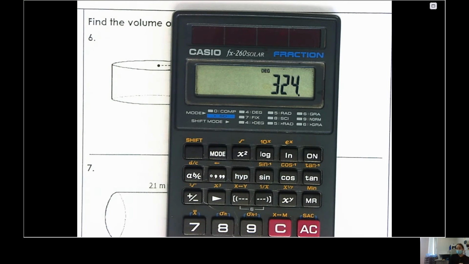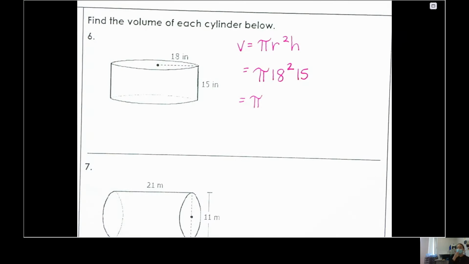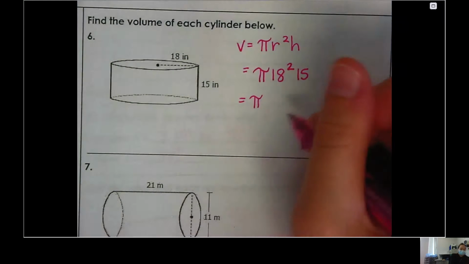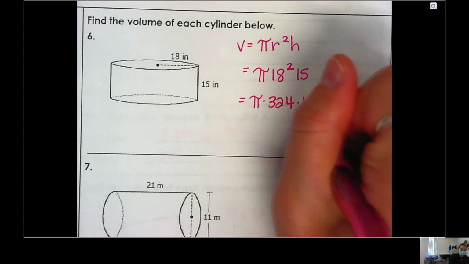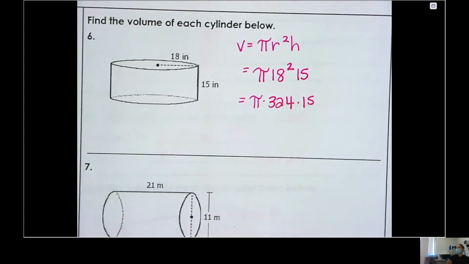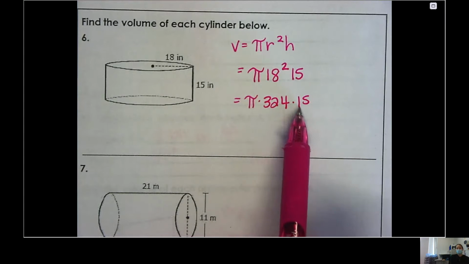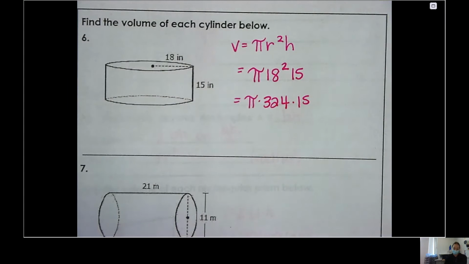You get 324. So this is pi times 324 times 15. Now in your calculator, just multiply 324 and 15. What do you get?